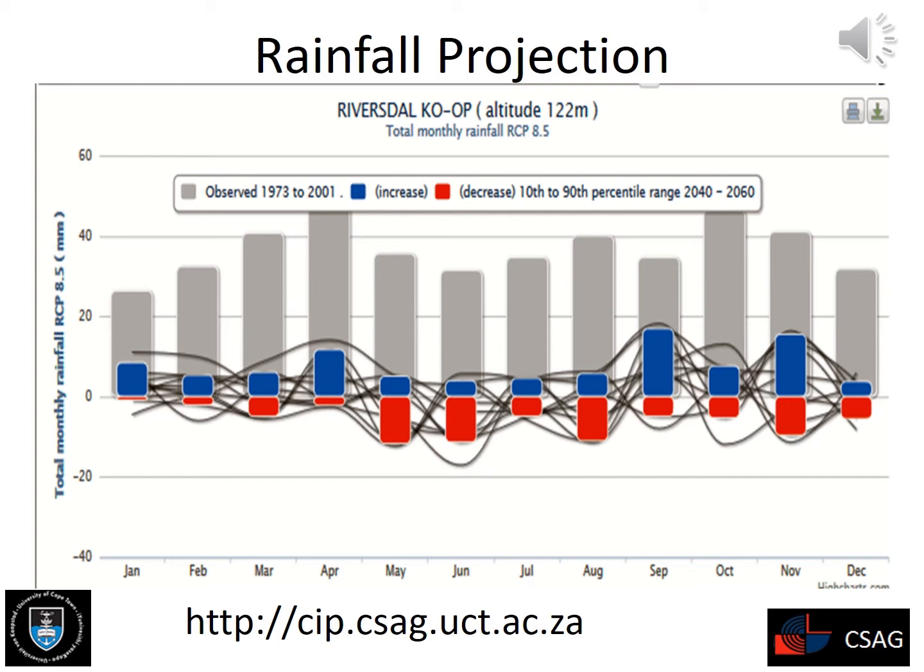The blue bars show the models that are indicating it's going to get wetter, and the red bars show models that are indicating it's going to get drier. Now, clearly, we don't really have a clue about what's going on, because every single month there are red bars and blue bars. So it's best for us to say nothing about increased rainfall or decreased rainfall, except to say that it's very, very uncertain.